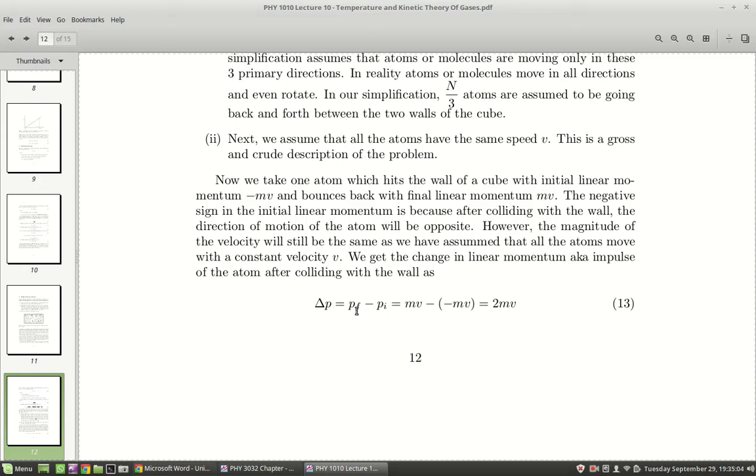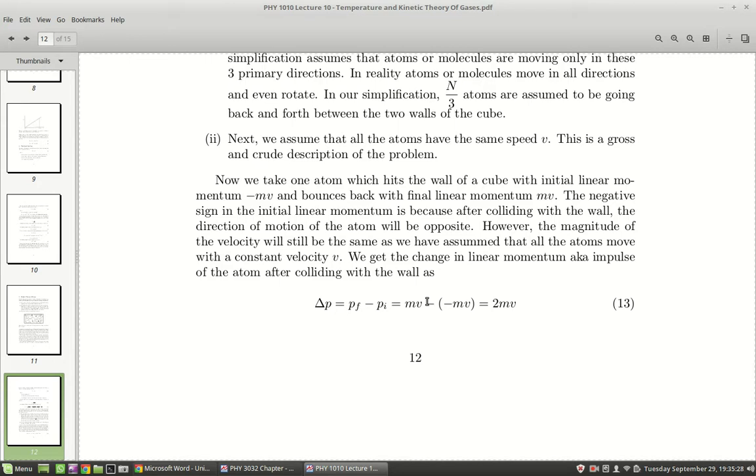So the change in momentum is the final momentum minus the initial momentum. The final momentum is mv, the velocity with which the atom is approaching us after it hits the wall, minus the velocity with which the atom is going away from us.